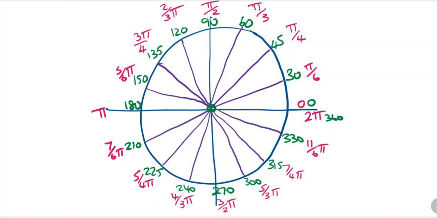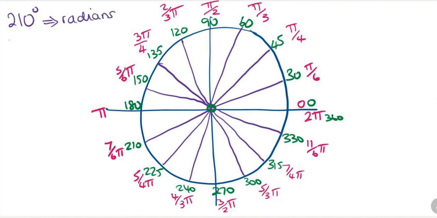If we chose one or two to check, let's see which one haven't we done. Let's try 210 degrees, and we want to convert this to radians.